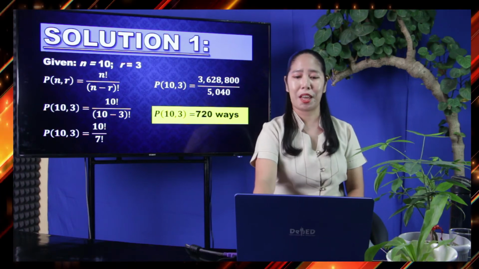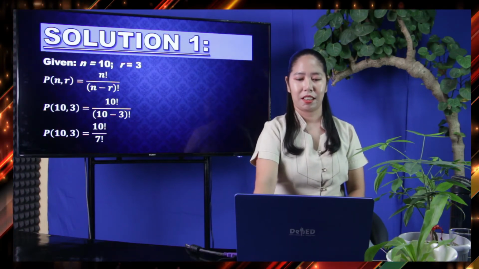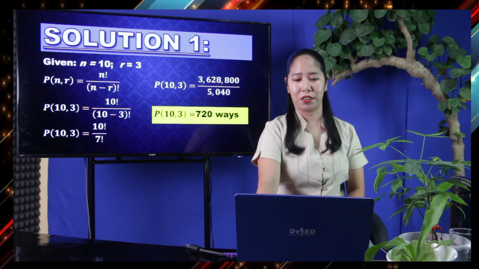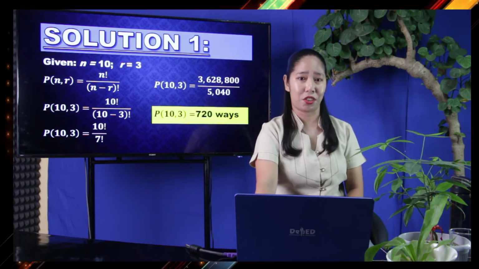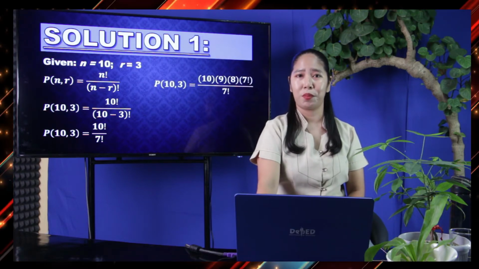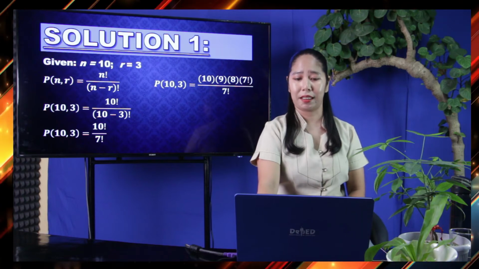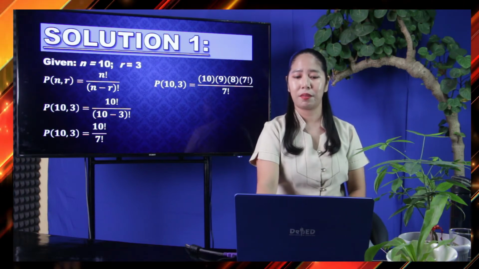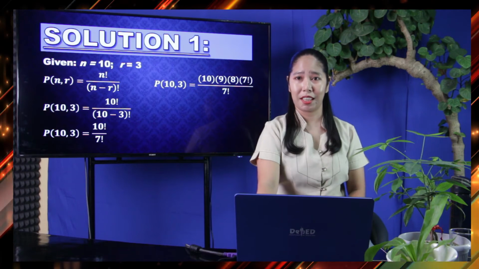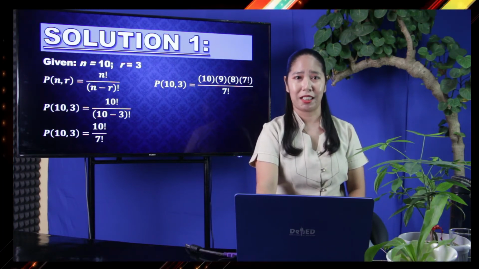But we can also have another way to solve this. So instead of writing 3,628,800 over 5,040, we can have it this way. We have permutation of 10 teachers taken 3 at a time equals 10 times 9 times 8 times 7 factorial over 7 factorial.